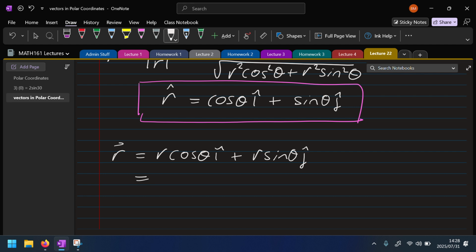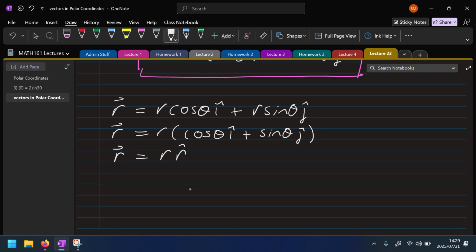Both of these have an r, so that can come out to the front: cos theta i hat plus sin theta j hat. But cos theta i hat plus sin theta j hat, we see from our box there, that's just r hat. So the position vector now becomes r r hat. Please put a box around that as well.